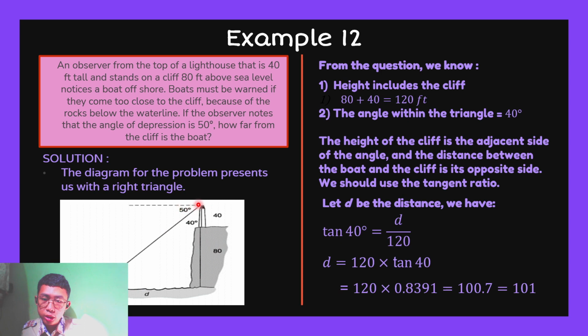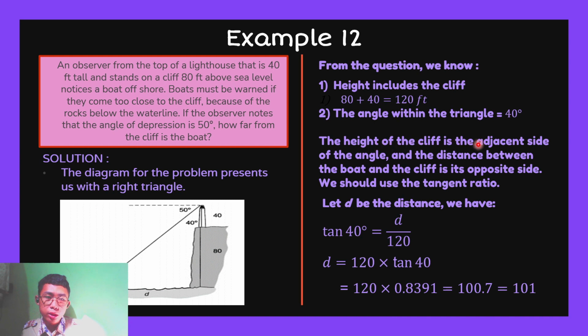Because this is a rectangle, the angle inside the triangle is 40 degrees. From the question we know the height includes the cliff, so 80 plus 40 is 120 feet. The angle within the triangle is 40 degrees.